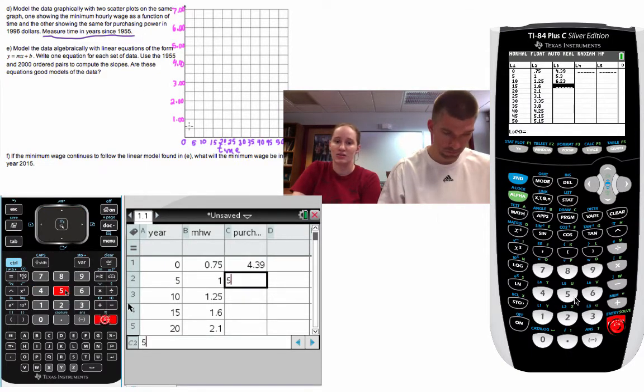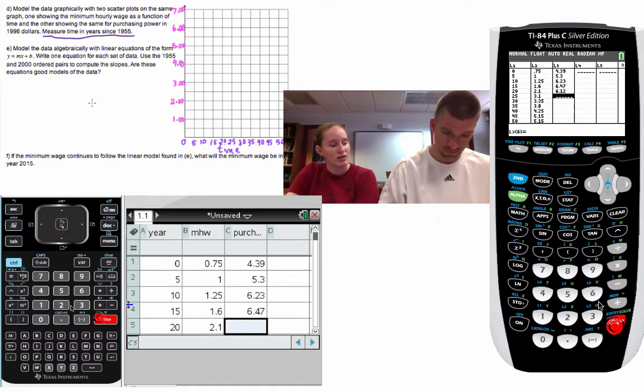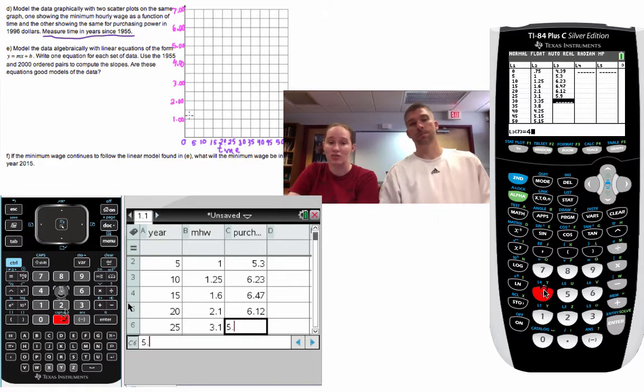Each line is 50 cents, so I just labeled every other line. And then you would go through and you'd preferably have two different colors, or maybe a pen and a pencil, and then you'd be able to mark out points for minimum hourly wage.